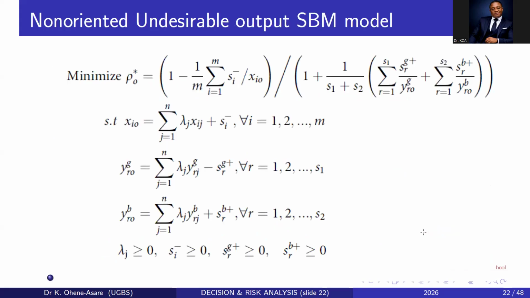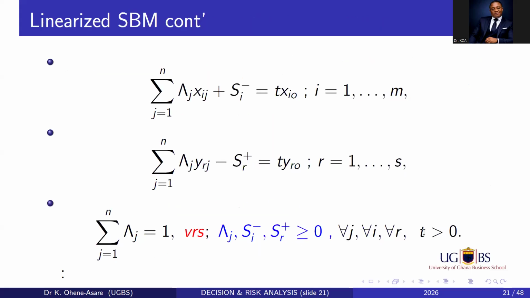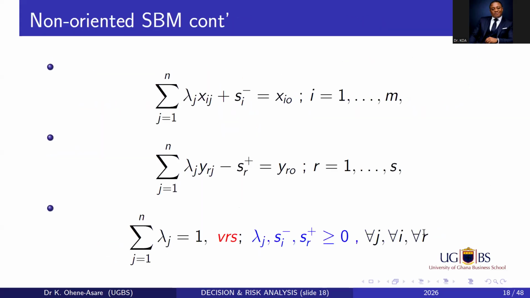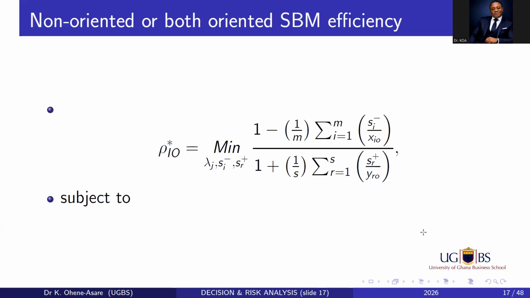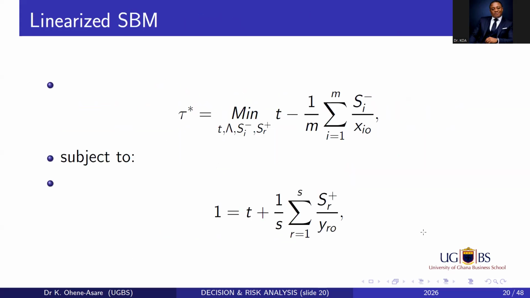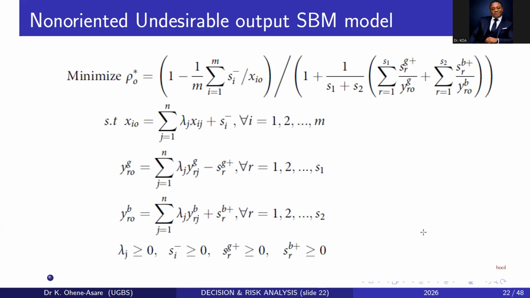Now this is a non-oriented one, with the undesirable output. What do you see about this one compared to the previous one? There's a clear-cut difference between this one and that one, at least in the objective function. What's the difference between this one and that?